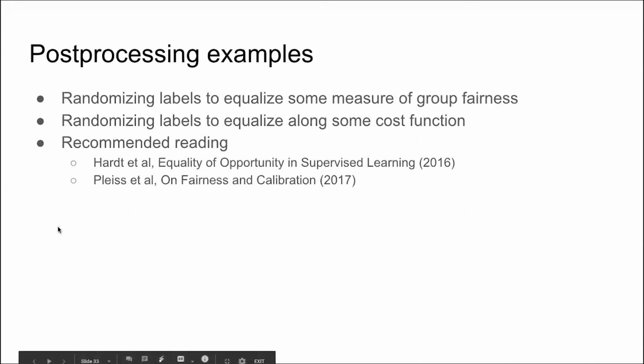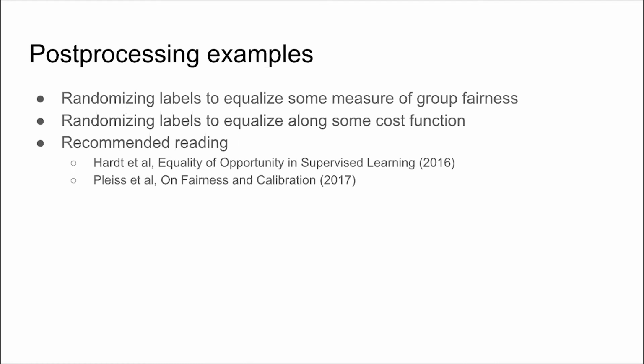And then post-processing. Post-processing is when you take a score and you know that the system producing the score is still resulting in some kind of discrimination, depending on what metric you are using for discrimination. And then you either randomize the labels, perhaps the labels close to the decision boundary, and you say, well, discrimination is probably happening close to the decision boundary.